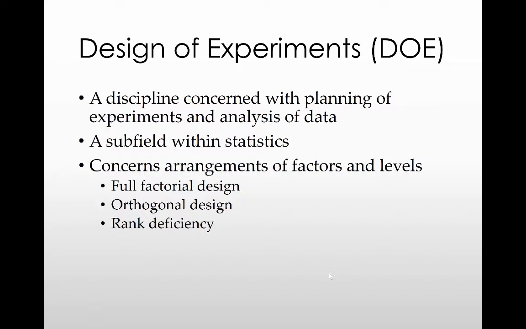It grew as a subfield within statistics throughout the 20th century, but I would say that it's actually broader than statistics now, and it tells you about how to arrange factors. Now, factors are things that change in your experiment or else across your product family, and also levels, which are those values that the factors take. And I'm going to tell you about these three different options in the coming slides.